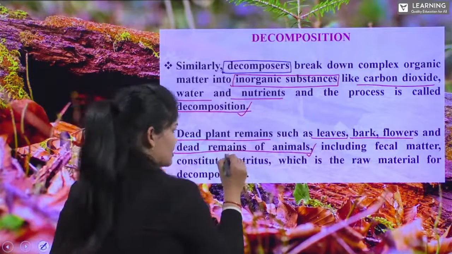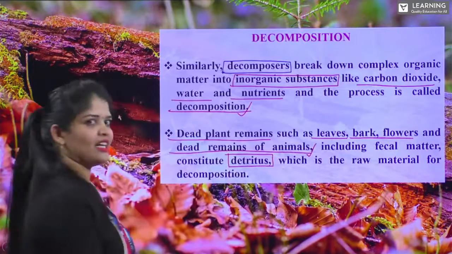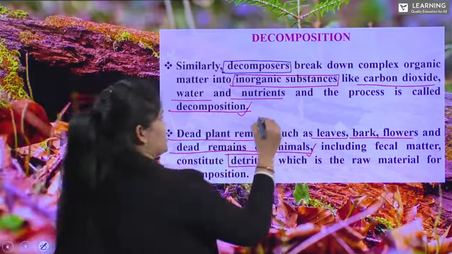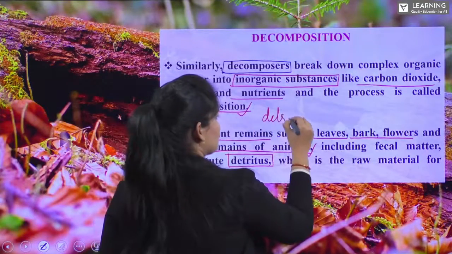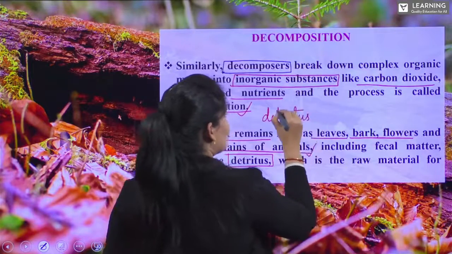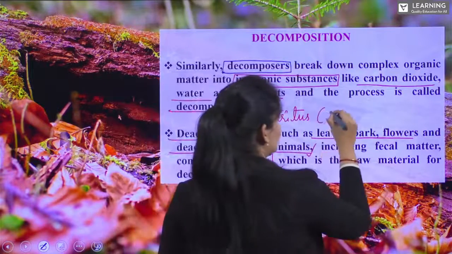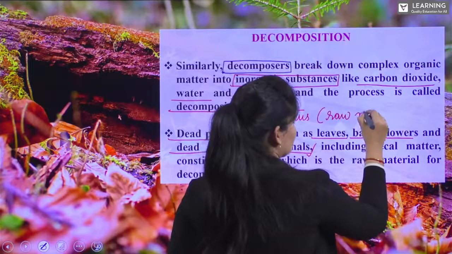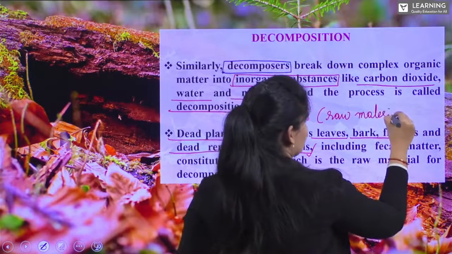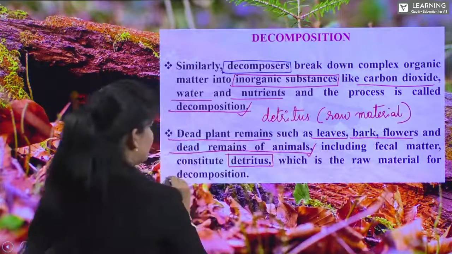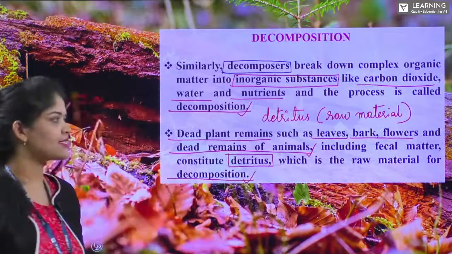This detritus is the raw material for decomposition. This is very, very important. Detritus is the main raw material for decomposition. What is this detritus?